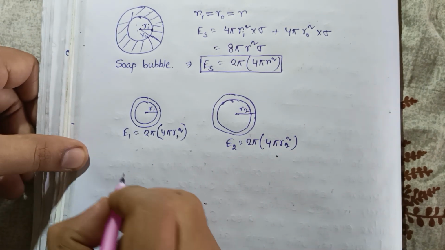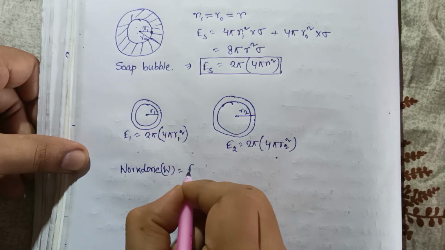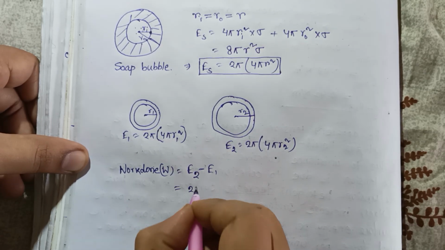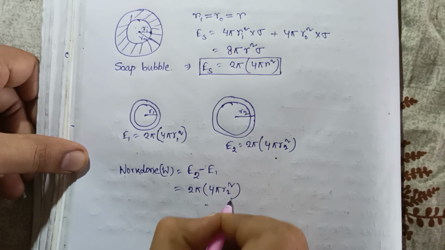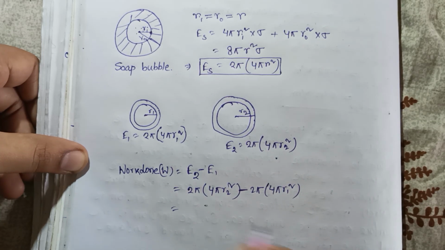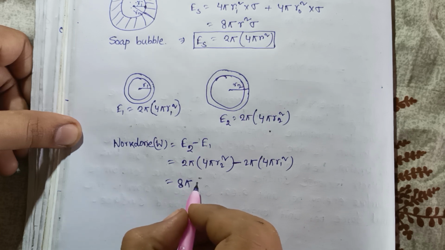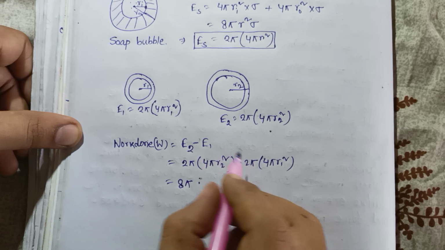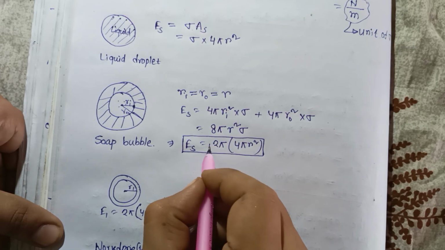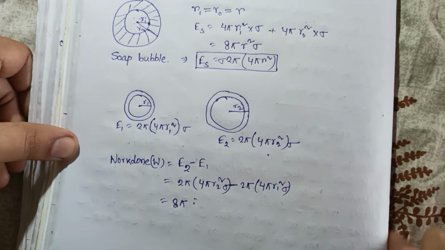If you want to calculate the work done in making the small bubble into the large one, W equals E2 minus E1, which is 2 into 4 pi r2 square sigma minus 2 into 4 pi r1 square sigma.